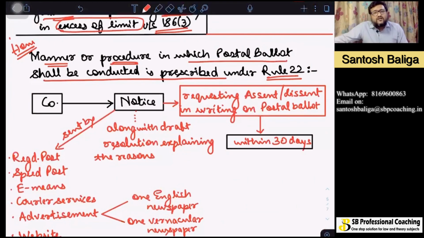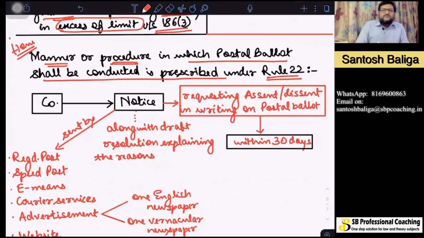Okay. So you are able to understand how I have bifurcated the provision into logical parts. This is how you have to learn law. You have to segregate it into logical parts. First of all, you have to ask the question, why is it required? When is it required? And how will you conduct it or operate it?